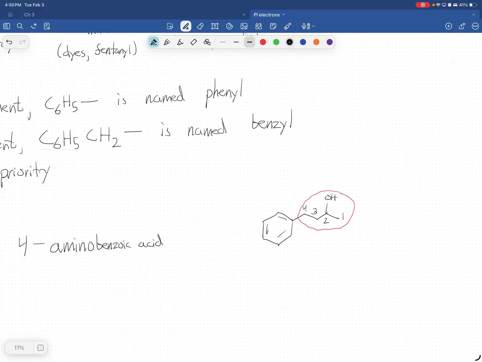All right, that's it. So even though the benzene has more carbons, you do not name it as a benzene. So at the 4 position, we're naming it as a substituent, phenyl. And where's the alcohol in this case? 2. So 2-butanol. All right. That's the nomenclature for benzene.